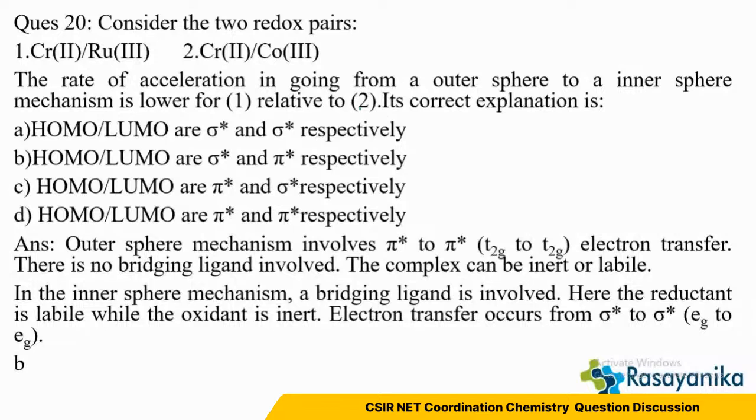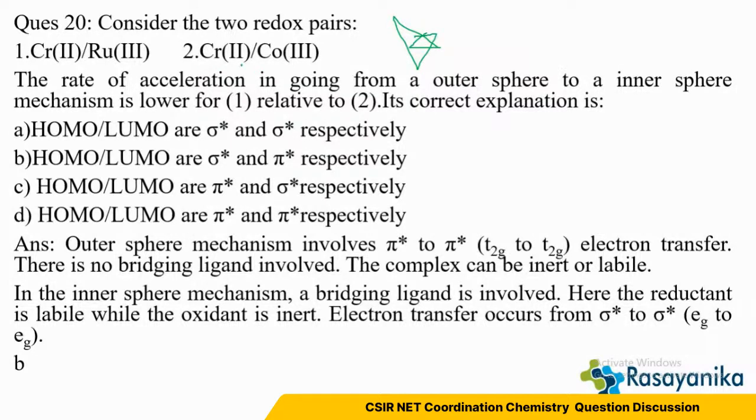Now, this is a very important question. Consider the two redox pairs. This question is from the outer sphere inner sphere mechanism, and this is very important for both the exams. Two redox pairs have been given here: chromium 2, ruthenium 3, iron, ruthenium, osmium, it belongs to this group, and this is chromium 2, cobalt 3.